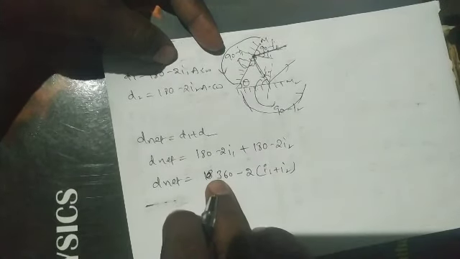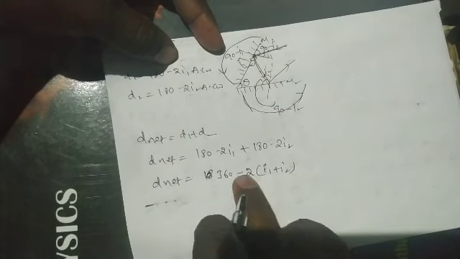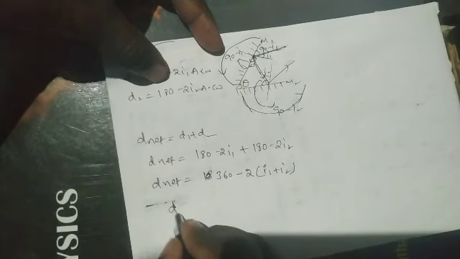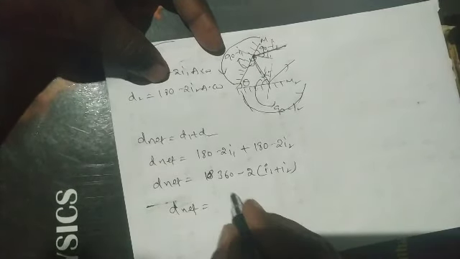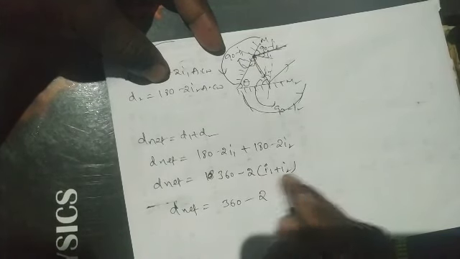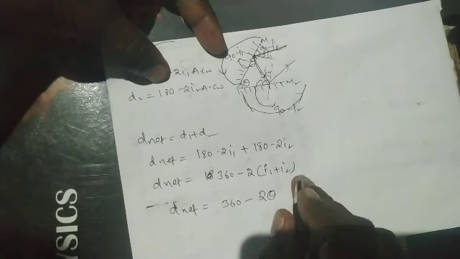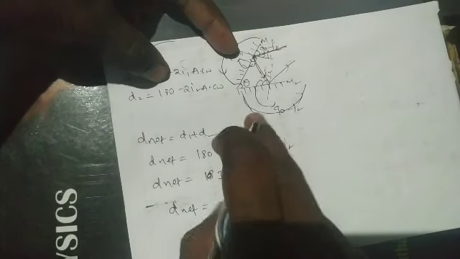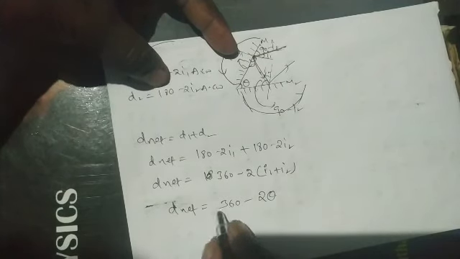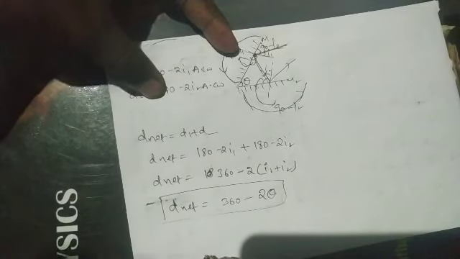Next, D net is equal to 360 minus 2 into I1 plus I2. I1 plus I2 we can write as theta, as already discussed in the beginning. So D net is equal to 360 minus 2 theta. This is the final net deviation.